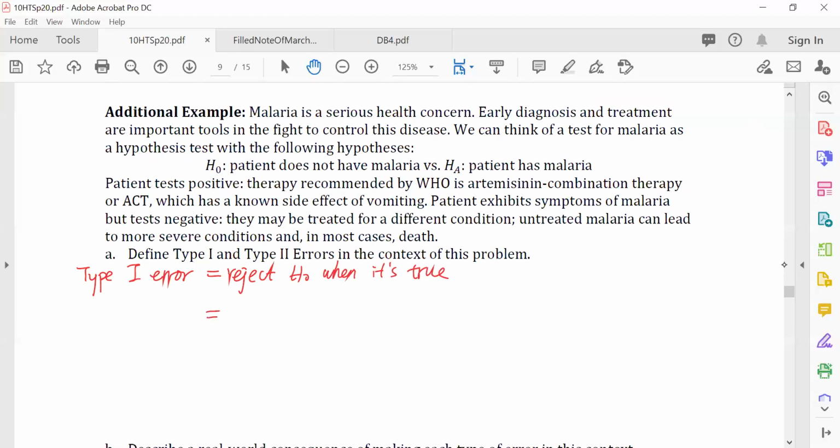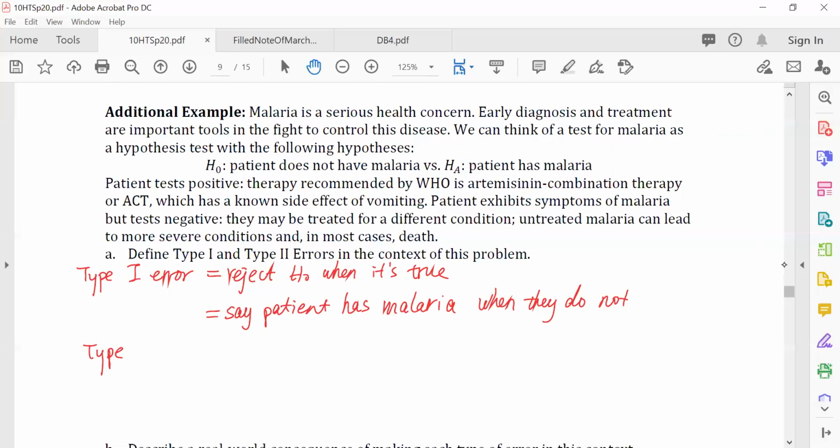In another word, we reject H null, which means we say the patient has malaria, when the H null is actually true, which means the patient actually does not have malaria. This is type 1 error.